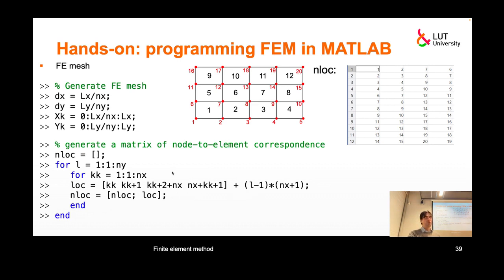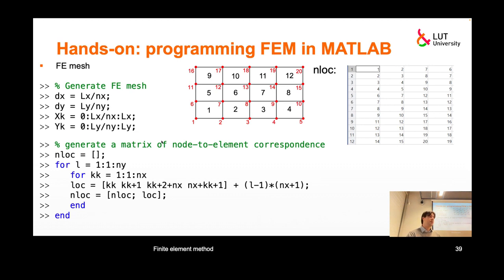1, 2, 3, 4, for 4 elements, plus this term which represents a position with respect to y in the vertical direction. So this is one way I find kind of funny and easy to understand to describe this type of connectivity between nodes and elements.